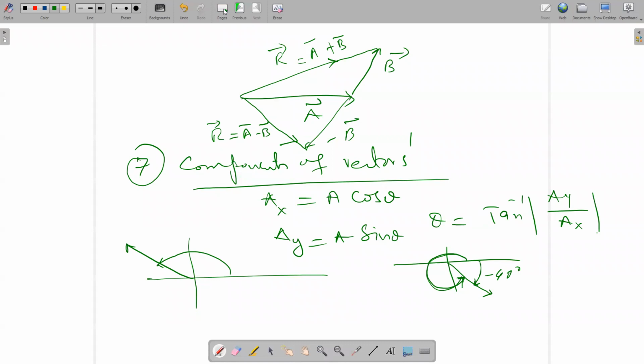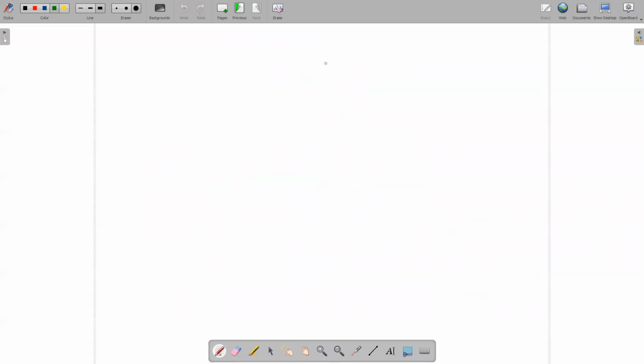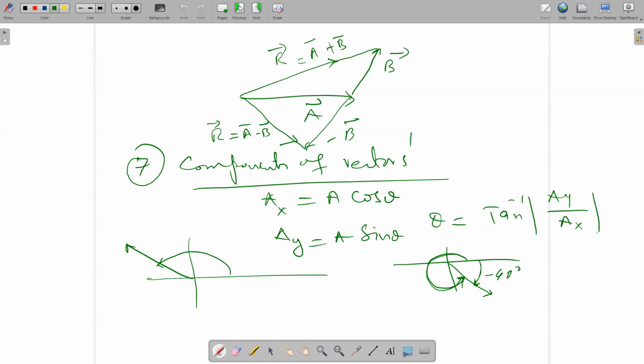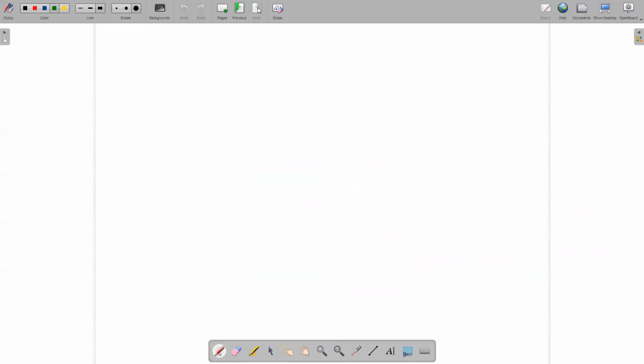After this, the next one is number 8. Number 8 is where we use the concept of rectangular components and then add the vectors. So it means we have studied, last time, addition of vectors by components.